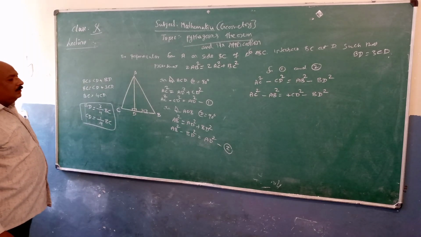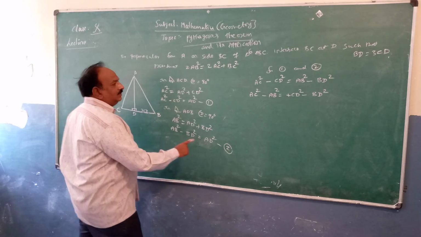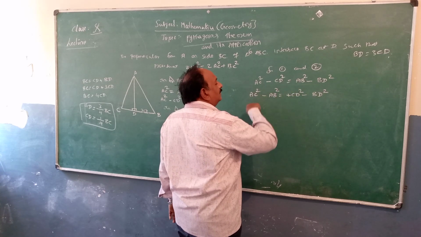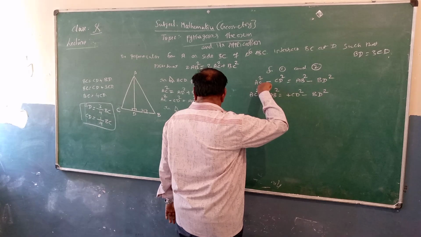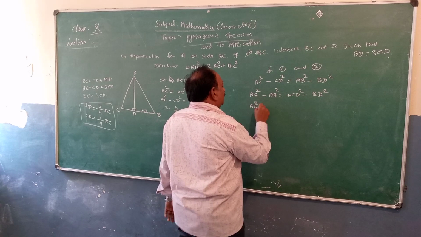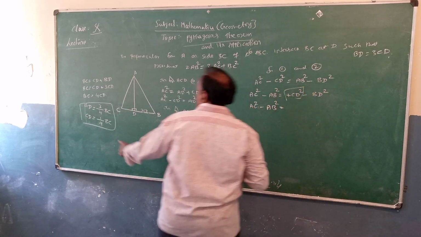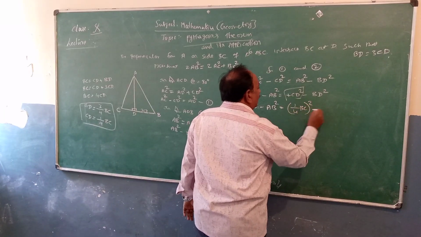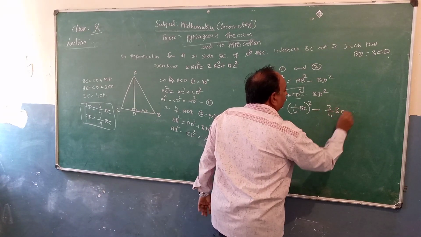Okay. Look here. AC square minus AB square is equal to CD square minus BD square. What is CD square? CD is 1 by 4 BC whole square minus BD, 3 by 4 BC whole square.